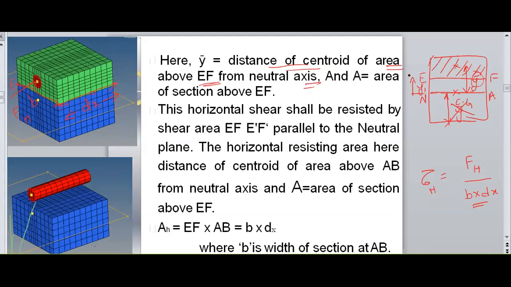This is the EF line. The force is created on the EF line. So that is the horizontal force.